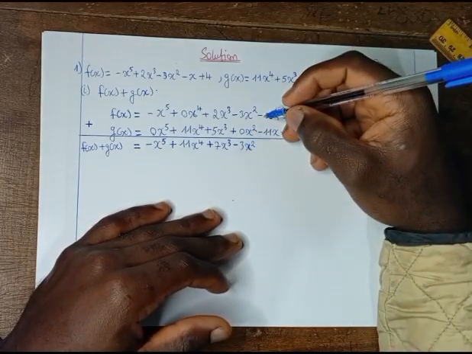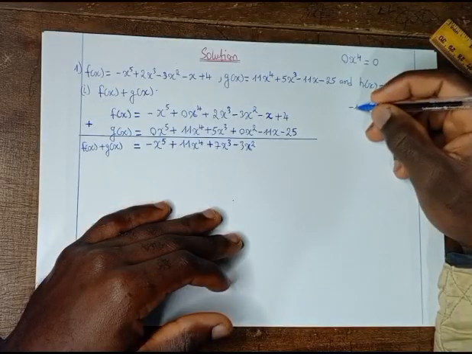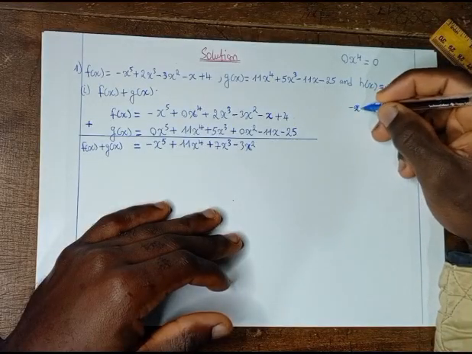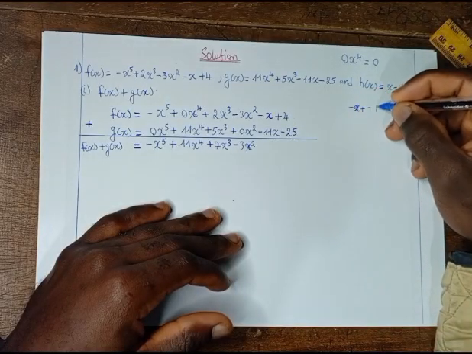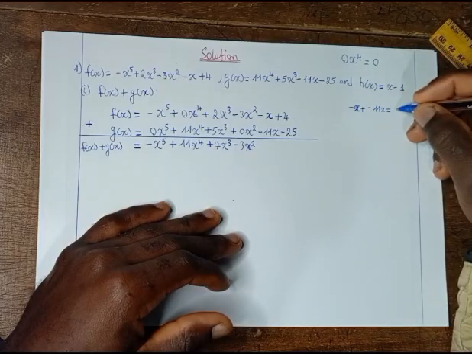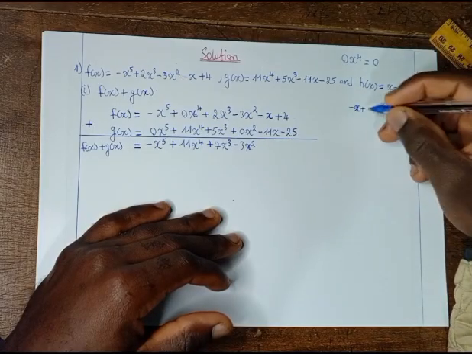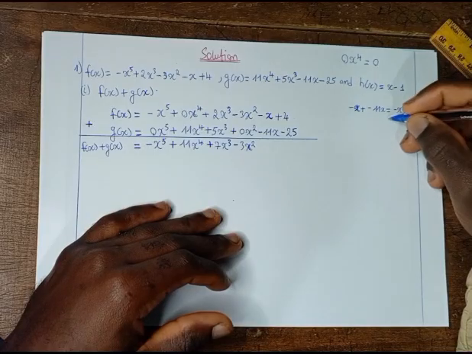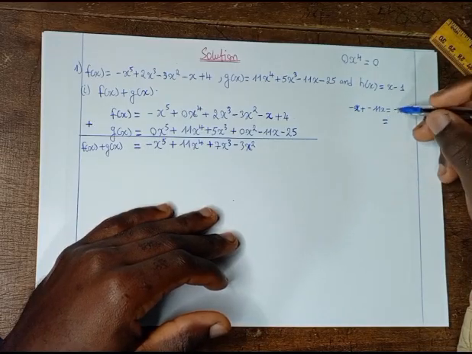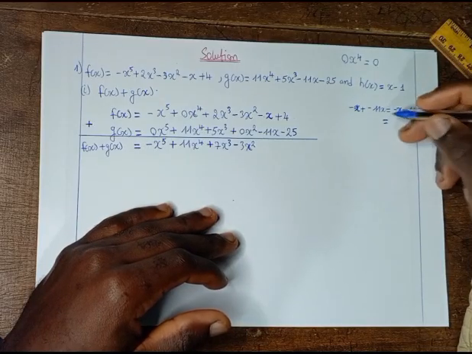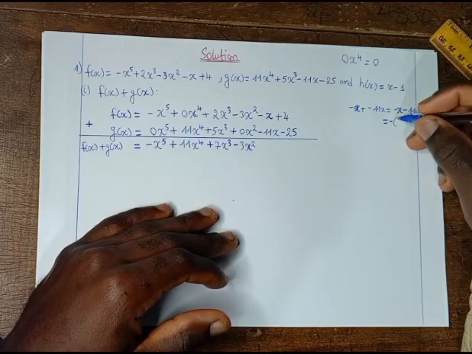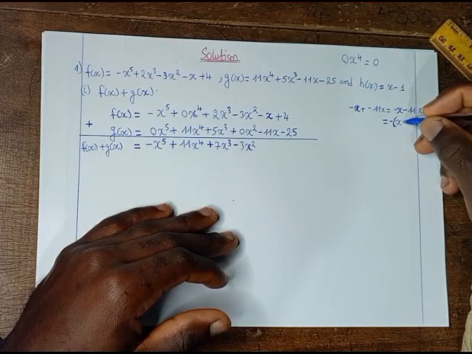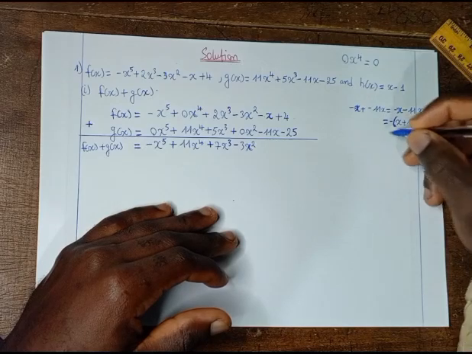Next, negative x plus negative 11x. Negative stays, so minus x minus 11x. Here we can factor the negative sign. Factor negative 1, this will give us negative, x plus 11x.